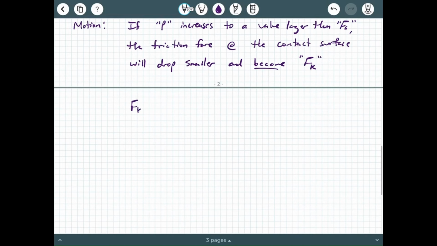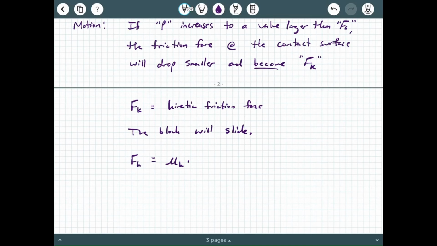And we call this kinetic friction force. F sub K is the kinetic friction force, okay? And then the block will slide, all right?